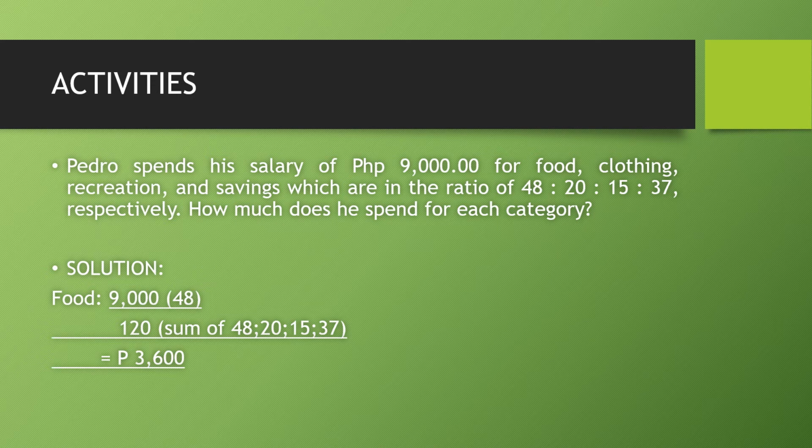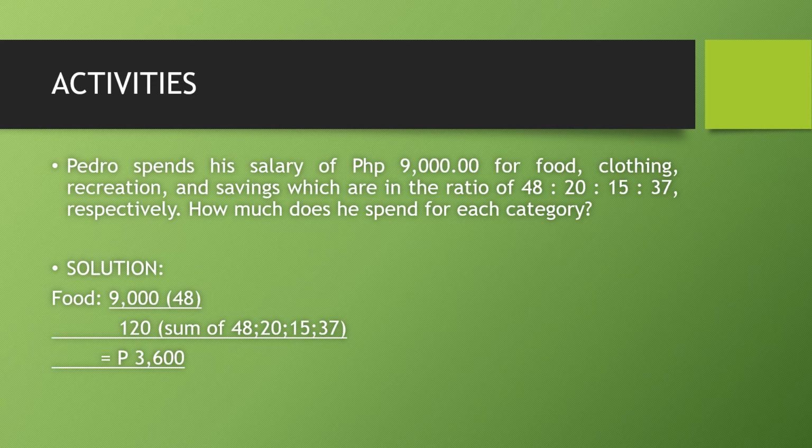Okay. Now, ang unang gagawin nyo muna ay i-add lahat ng ratio. 48 plus 20 plus 15 plus 37. That is a total of 120. Okay, now, since you have 9,000 as your salary, i-multiply lang natin siya by 48.